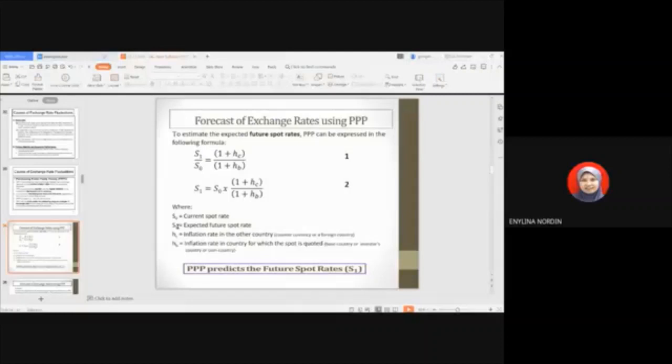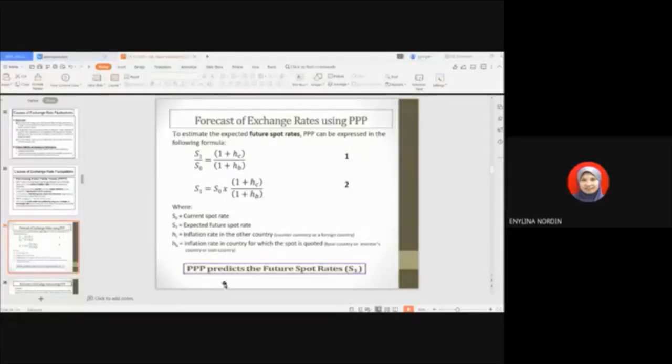Then we take into consideration S0, the current spot rate of the two currencies, that is, the foreign currencies. hC is the inflation rate in the foreign country, and hB is the inflation rate in the country for which the spot is quoted, that is, the base country's inflation rate.